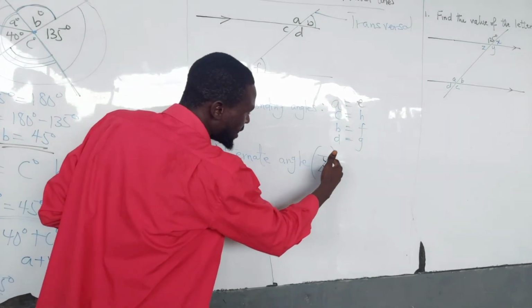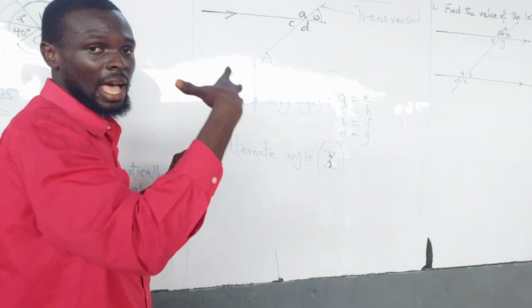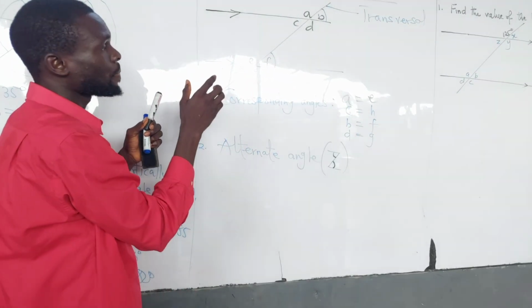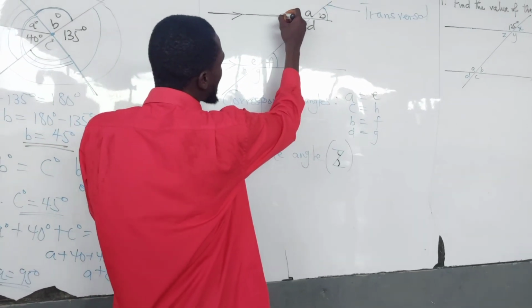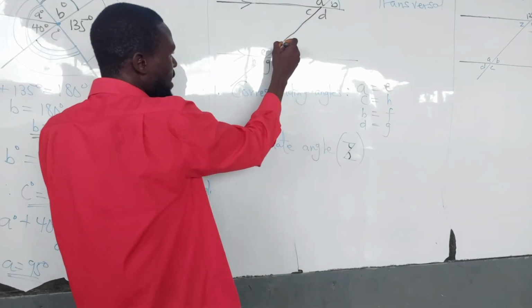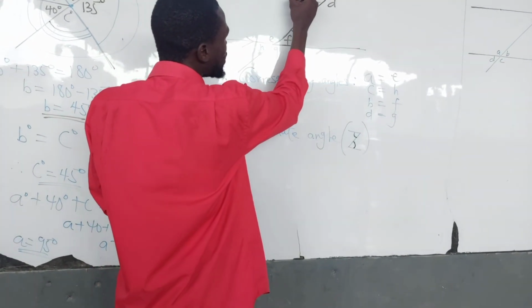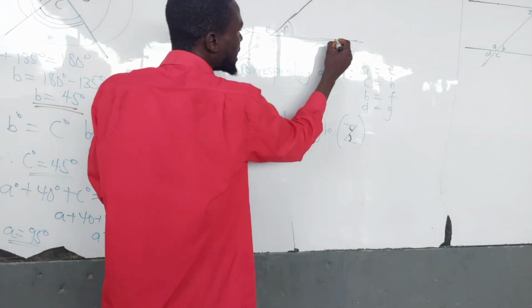So we assume this to be a Z angle. Now if you look at the diagram, we can form a Z shape from this side to this side and this side.